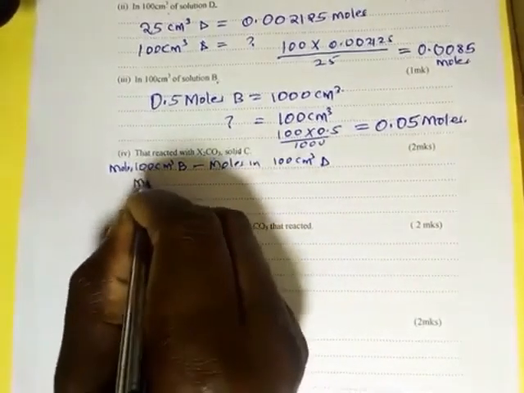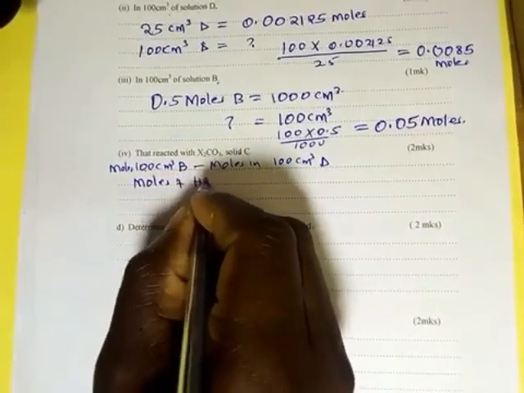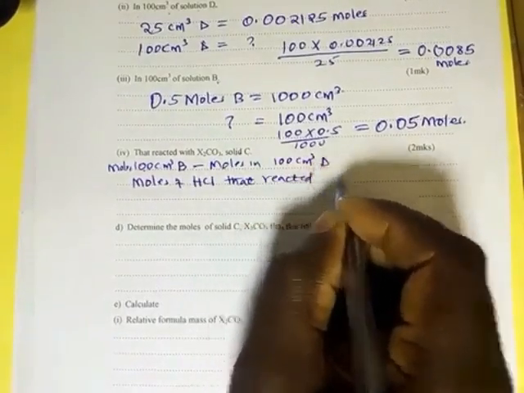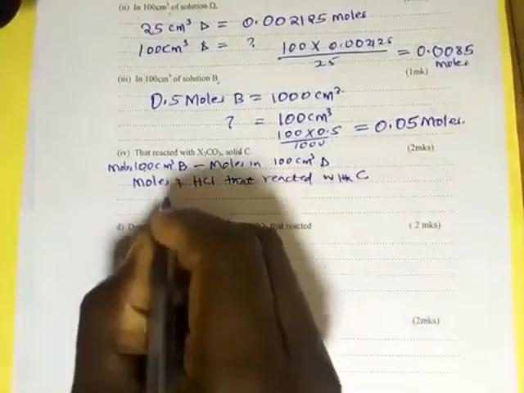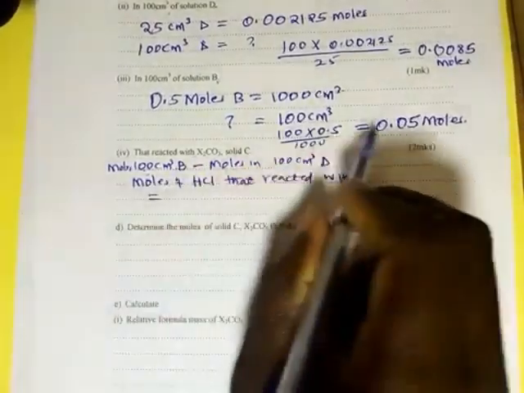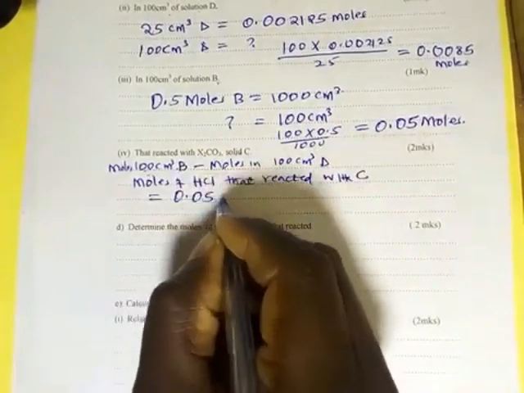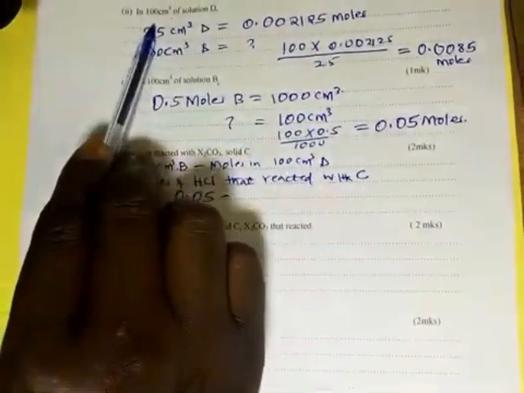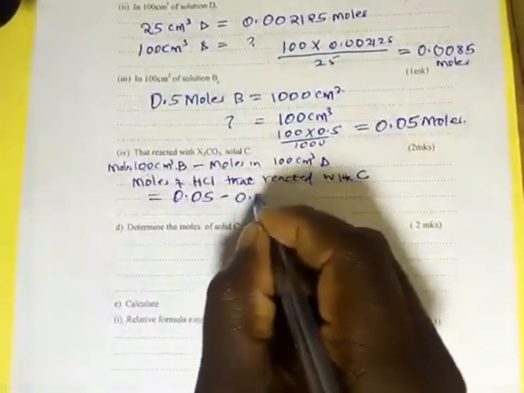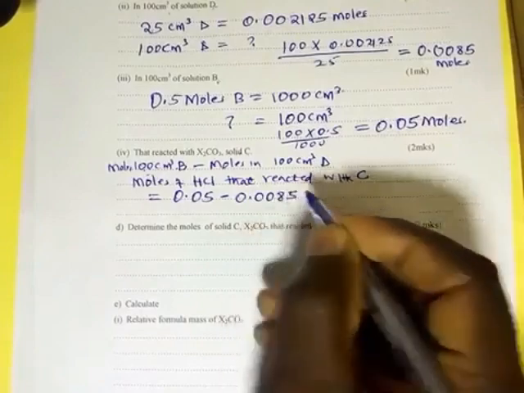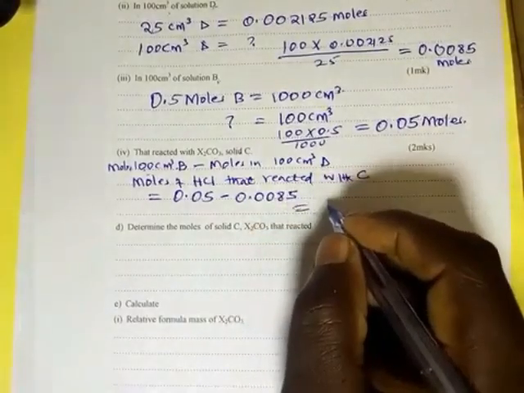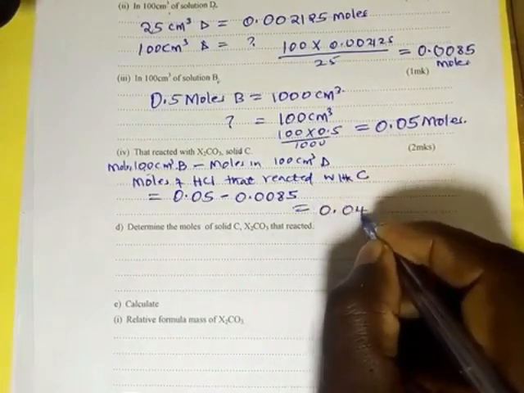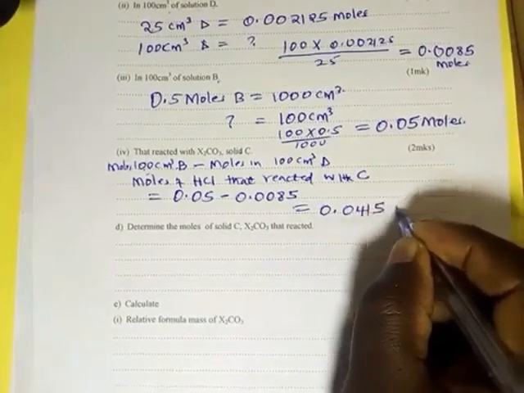So moles of HCl that reacted with C equal to moles in B, which is 0.05, minus moles in D 100, which is 0.0085, and that one will give us 0.0415 moles.